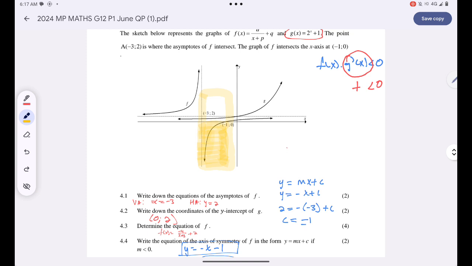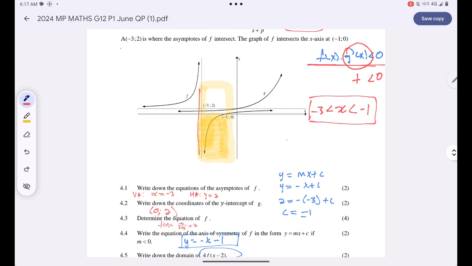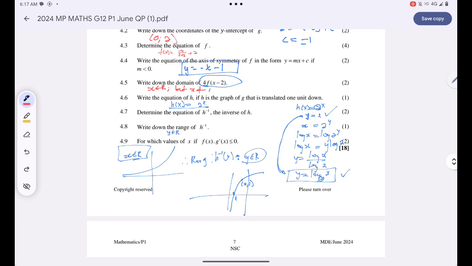So I'll simply say when x is between -3, which is the asymptote, and -1, which is that x-intercept. Because after the x-intercept, f of x will now become positive. So this statement is true only whenever x is between -3 and -1.